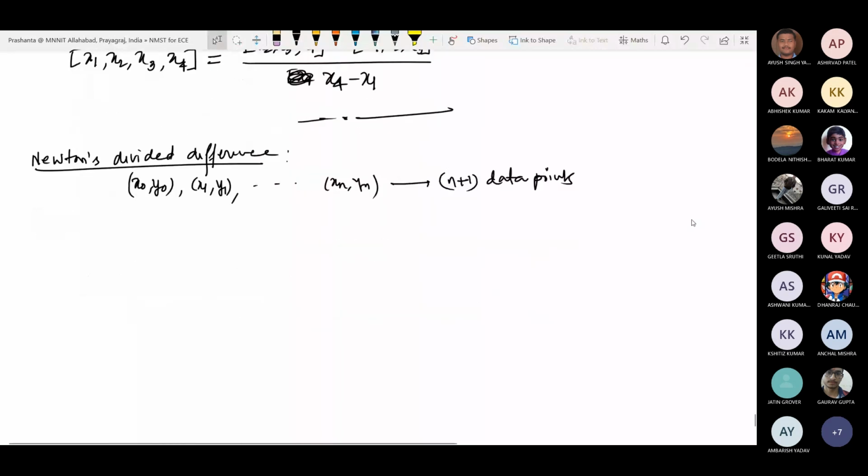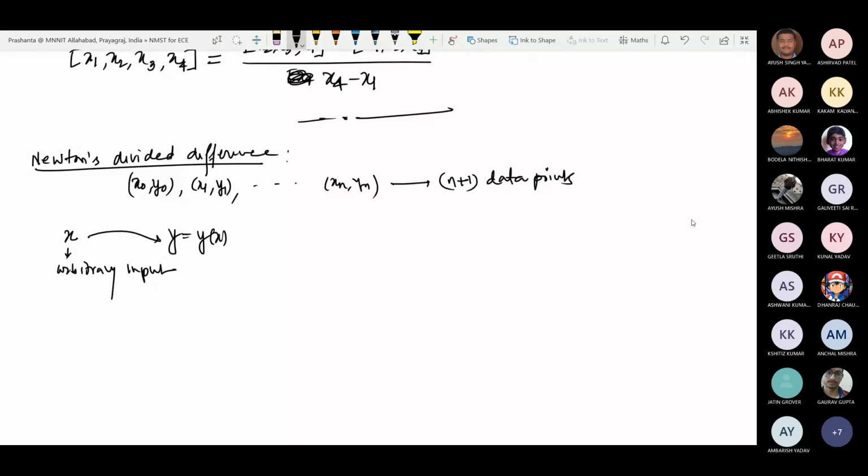So let us try to find the polynomial which will interpolate these data. Let us start with this calculation and see what we get. We will take an arbitrary input x, and from x we need y, which is nothing but y of x, a function of x. We need y in terms of x.